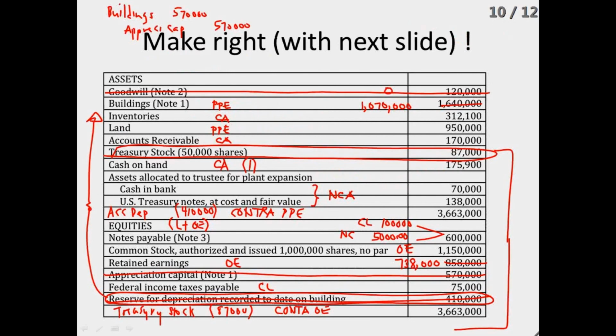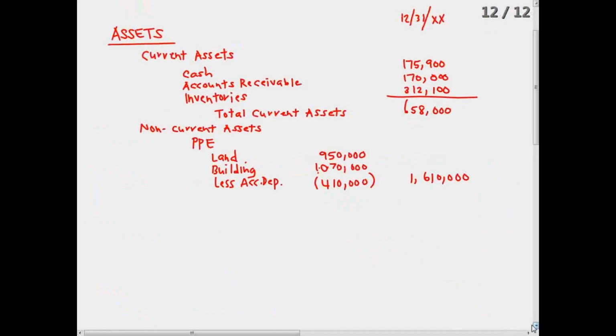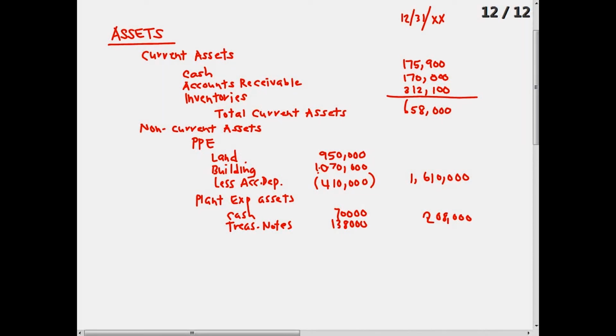So let's just call those plant expansion assets. So we had cash and Treasury notes. The cash was 70 and the Treasury notes were 138. Okay, anything else?